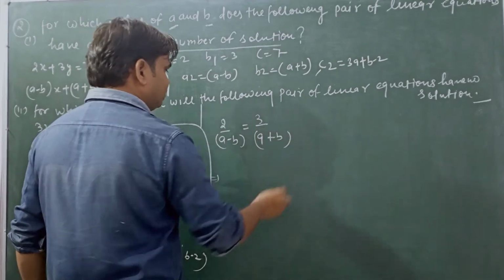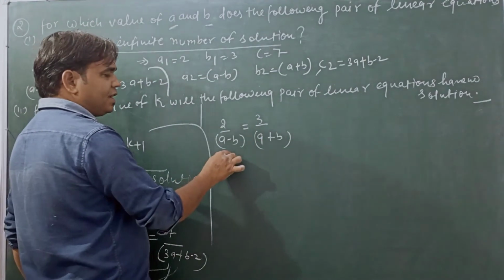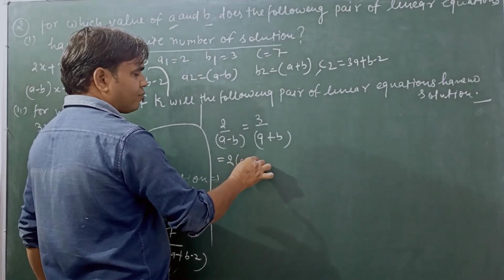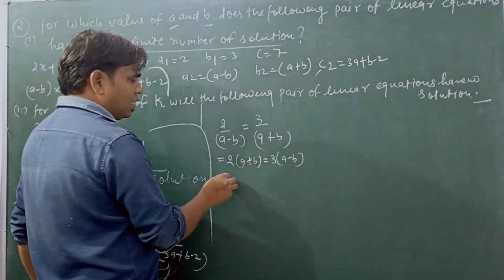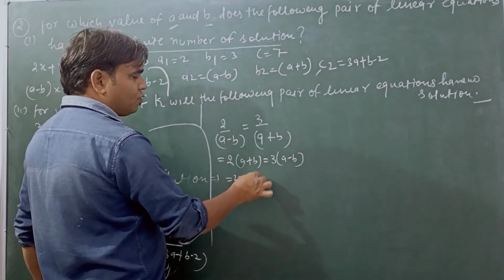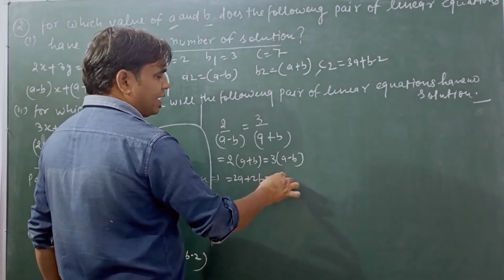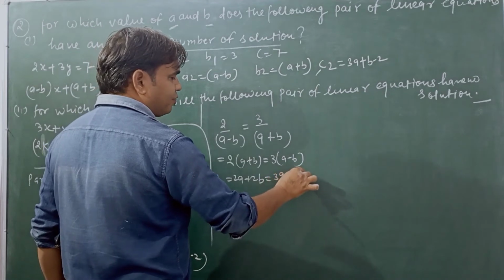It means we can take 2 times a plus b equal to 3 times a minus b, so 2a plus 2b equal to 3a minus 3b.